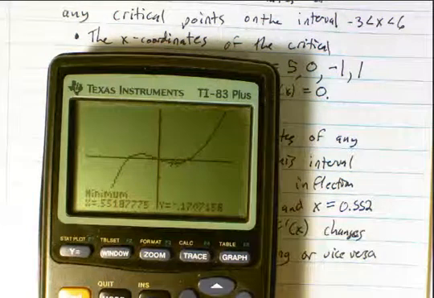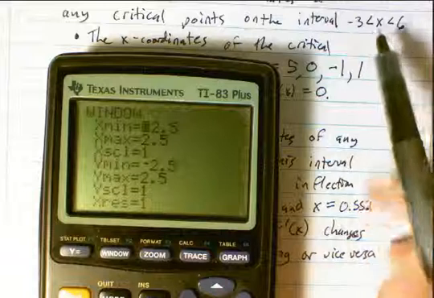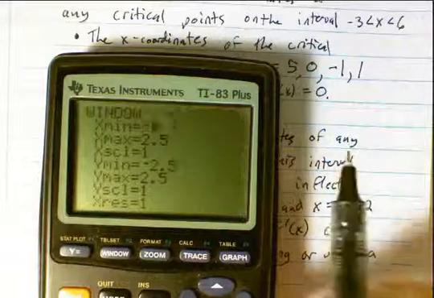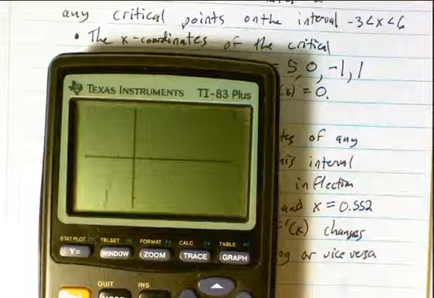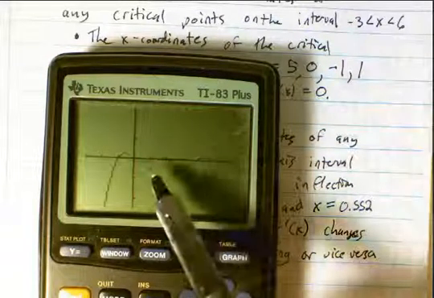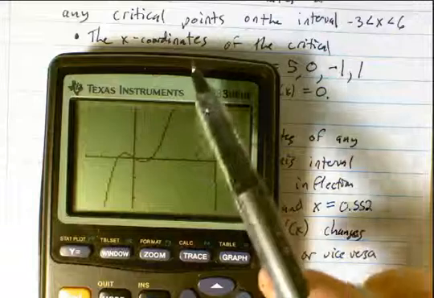Now, we have to remember that we zoomed in for this. So to check that we've gotten them all, we should really put our window back to the original interval that we wanted, -3 and 6. So we got 1, we got 2. Oh, looks like there's a third one up there.